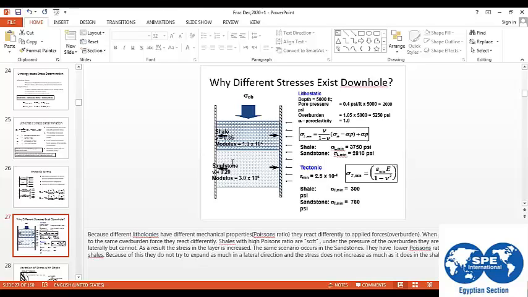The function of the crosslinker: once you mix the polymer with the water, you have something called linear gel. Linear gel has less viscosity than crosslinked gel. You know that we are using polymer as a gelling agent.